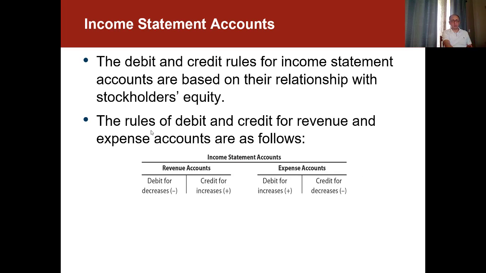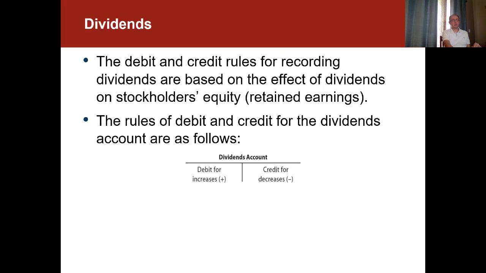So I want you to remember this statement. The debit and credit rules for income statement accounts, which are the revenues and expenses, are based on the relationship with stockholders' equity. So revenues have the exact same relationship as stockholders' equity. Expenses have the opposite relationship to stockholders' equity.